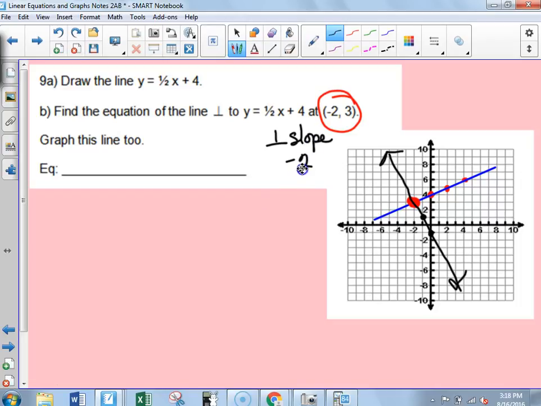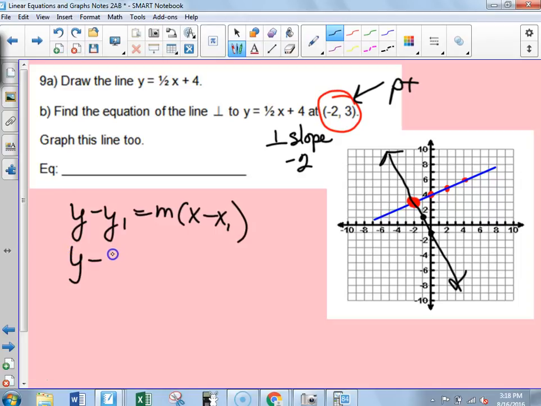Well, you know its slope, and you know it goes through a point. So that kind of sounds like, okay, remember how it went? Okay, so y minus, what's the y of the ordered pair? Be careful. Not the x, the y is. Unfortunately, in my example, both the slope and the x value are -2.